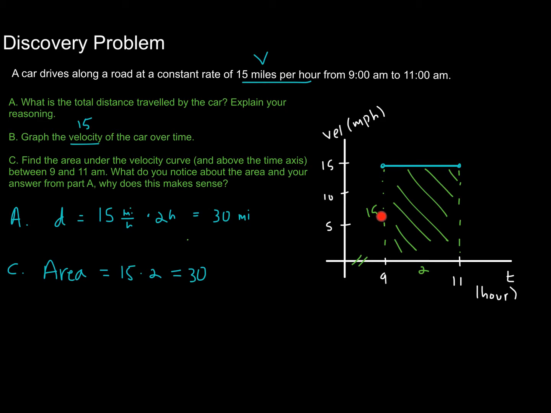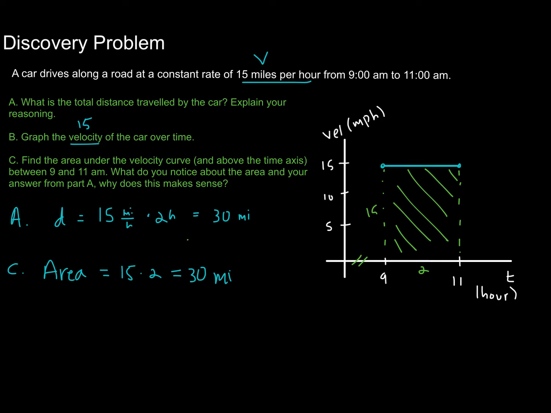I'm multiplying the height of this rectangle, which corresponds, of course, to the velocity that my car is traveling at, because the height is dictated by where my curve is at on the y-axis, 15. And I'm multiplying then by the width of the rectangle, which correlates exactly to the time elapsed. So I have 15 times 2, which is 30, and that's going to tell me the total distance traveled.